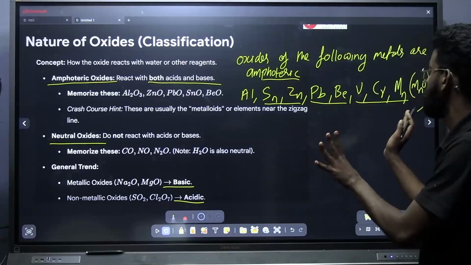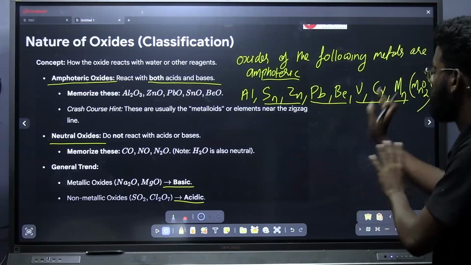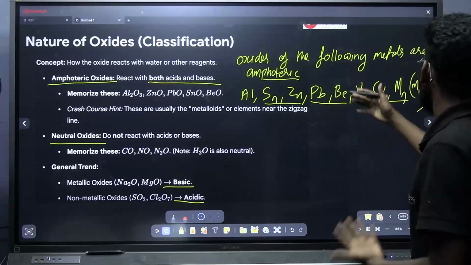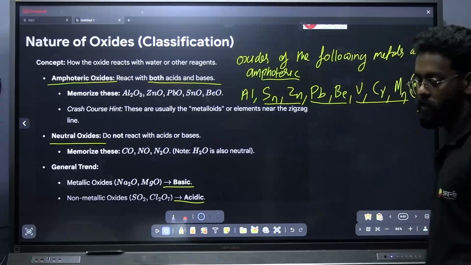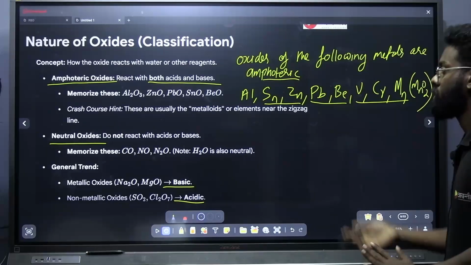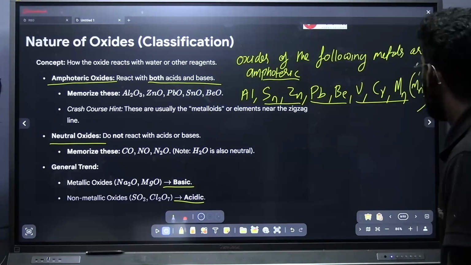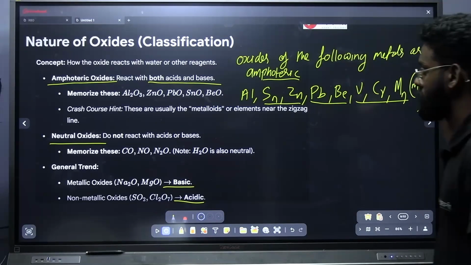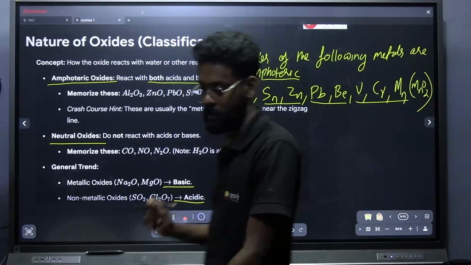Just remember this mnemonic, and you can remember the amphoteric oxides. And manganese, it is MnO2. MnO2 is the amphoteric oxide. The remaining are acidic or basic depending upon the oxidation state.